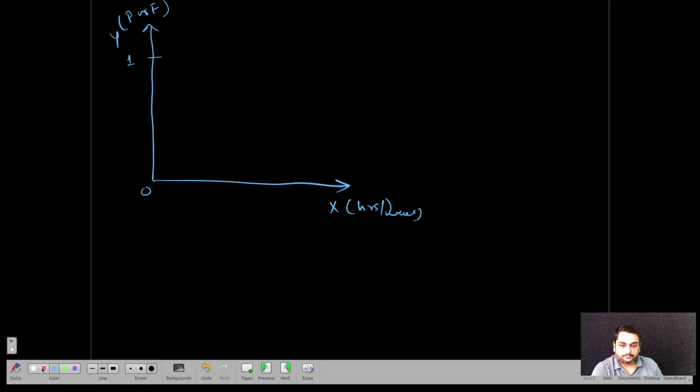Now, if the data is given like this and I want to fit the logistic regression, how can I fit it?